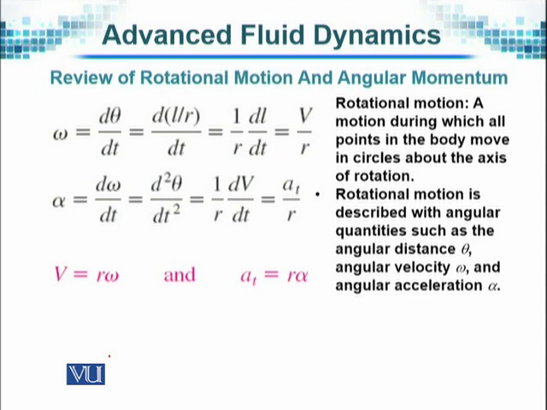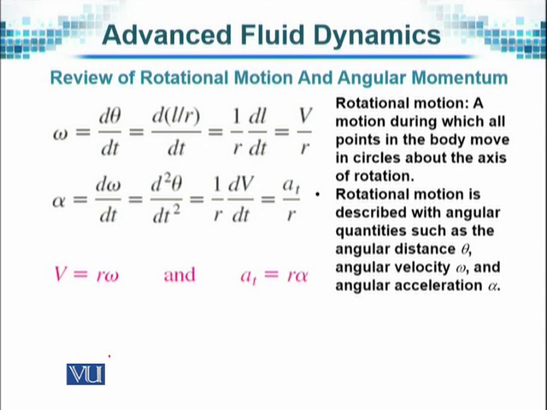So omega will be d theta by dt, and if theta is small enough, it can be written as L over R, where L is the arc length and R is the radius of the circle in which the motion is taking place. So that is equal to 1 over R into dL by dt, which can be written as 1 over R into velocity v. So omega can be written as v over r, and that is the relation that we have built up.